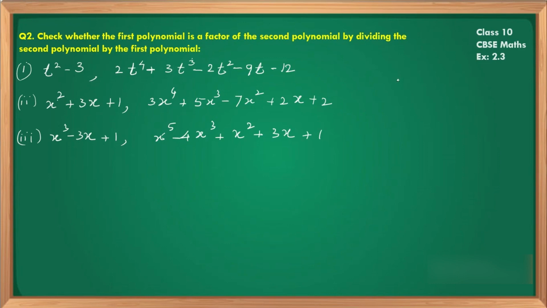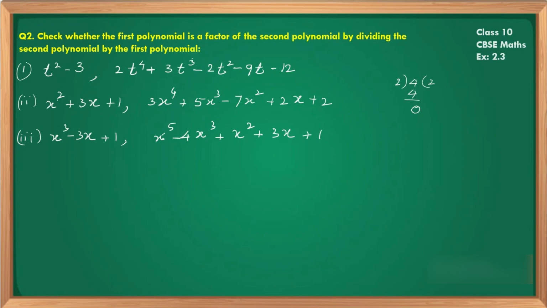For example, if I divide 4 by 2 and it is divisible completely and you get 0 remainder, 2 is a factor of 4. Similarly, in this case, if this polynomial is divisible completely by the first polynomial and you get remainder 0, only then the first polynomial will be a factor of the second polynomial.